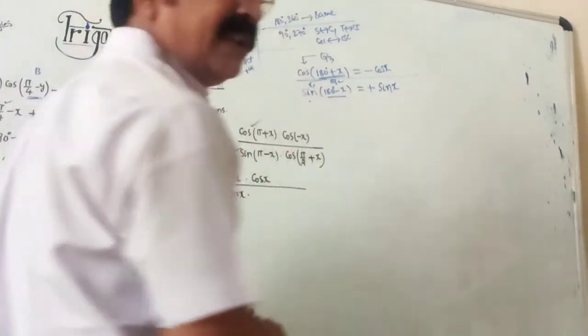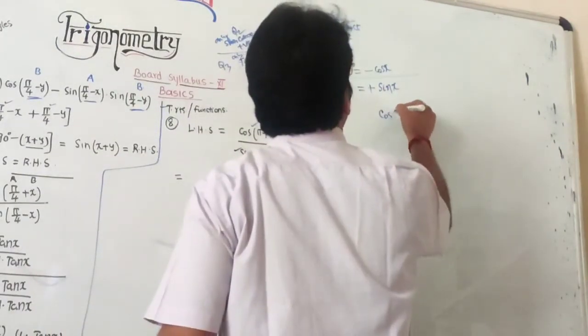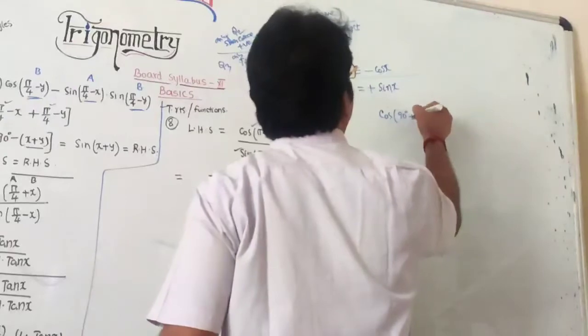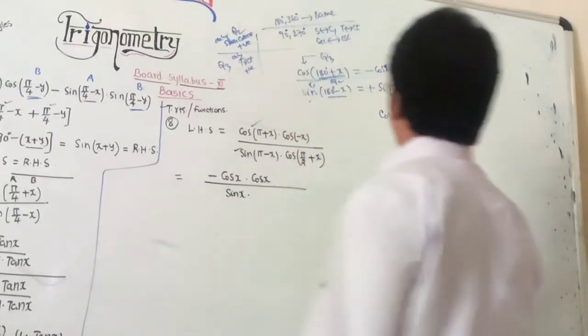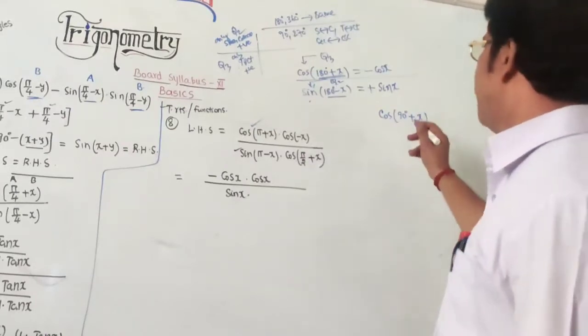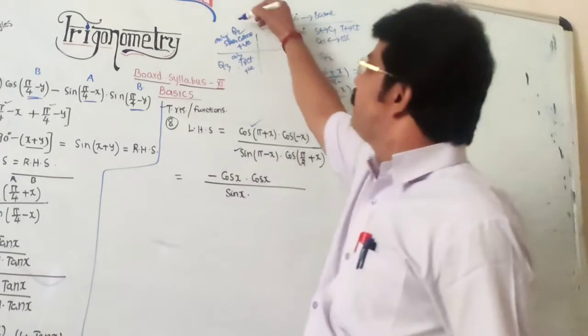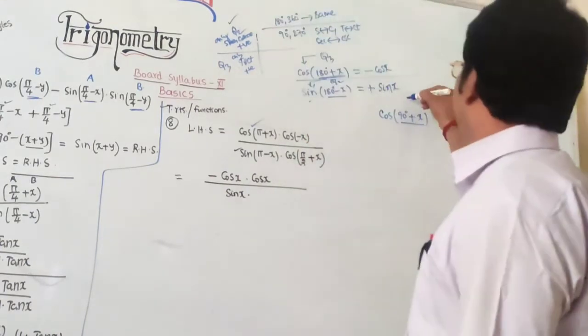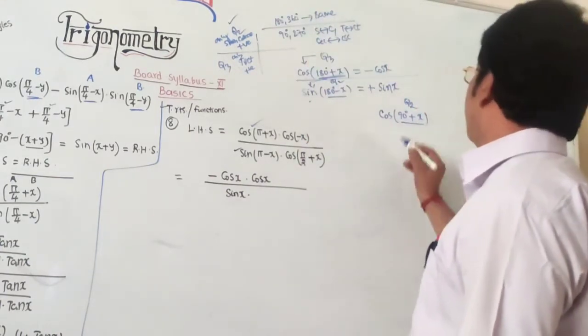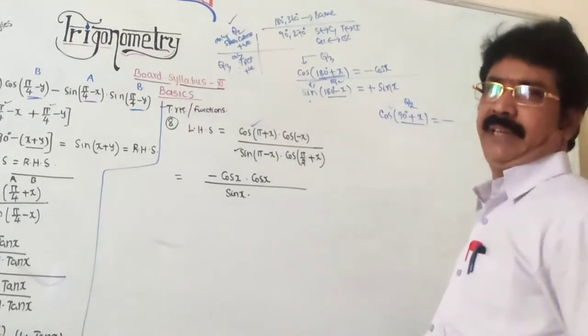Cos of 90 plus x, you come here. Cos of 90 degrees plus x. Understand? 90 plus theta, which quadrant is it? Second quadrant. In the second quadrant, cos is negative, minus.